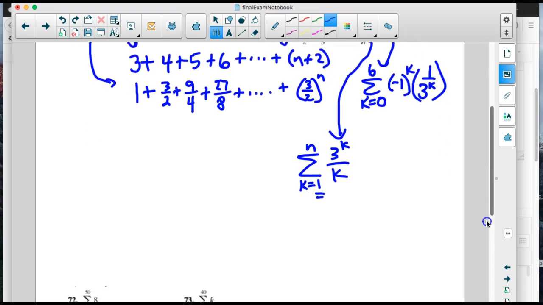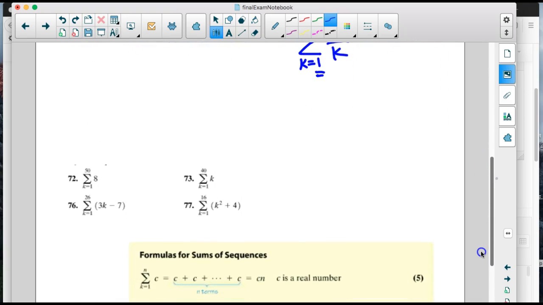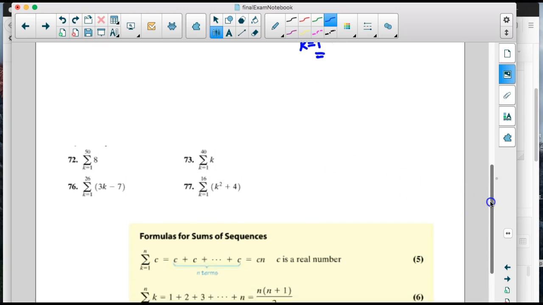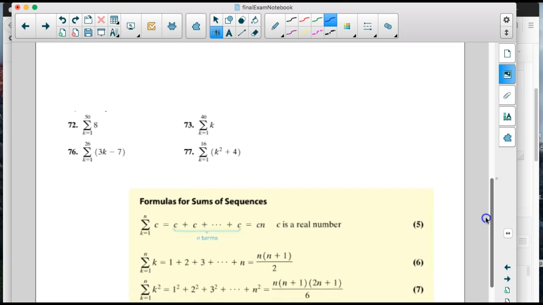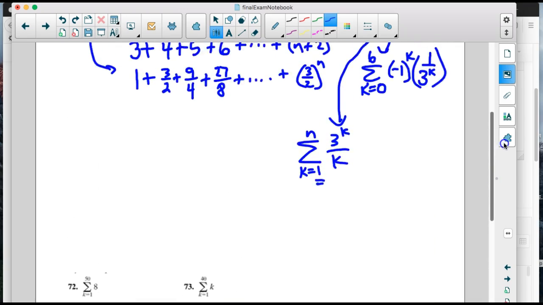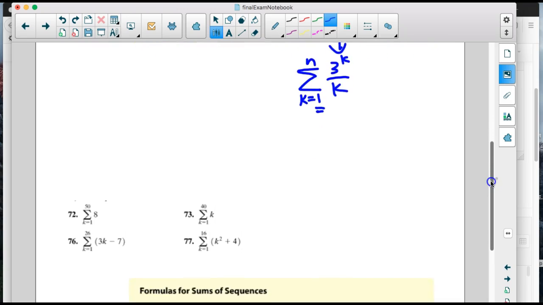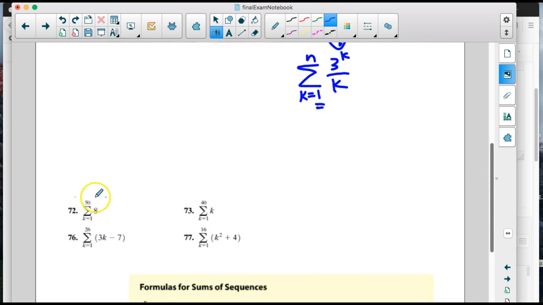Okay, so here's the second part. The second part is evaluating some formulas, just writing them out and evaluating. Now if we have a short sum, like the sum of k equals 1 to 5 of 8, then I wouldn't have to use a formula.